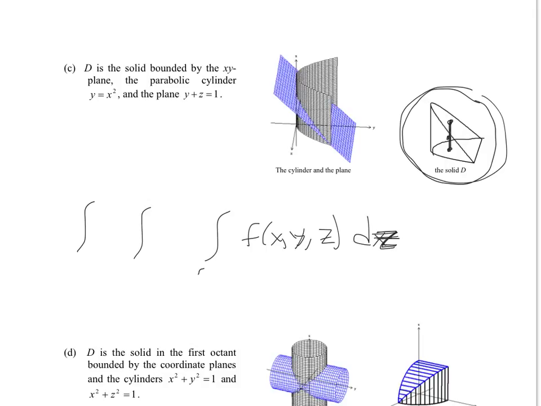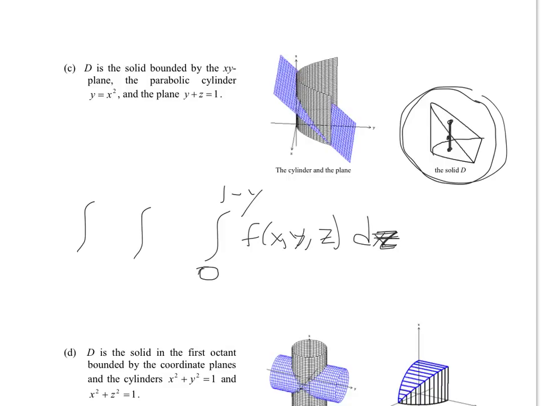Integrating with respect to z first. As the point travels downward, it hits the xy plane corresponding to z equals 0. As it travels upward, it hits the plane y plus z equals 1, which can also be described as z equals 1 minus y.